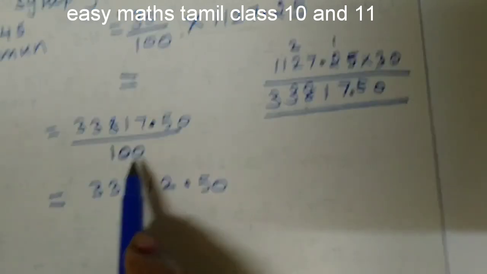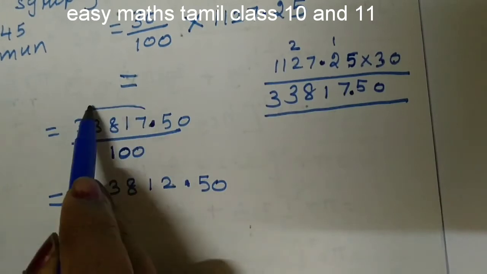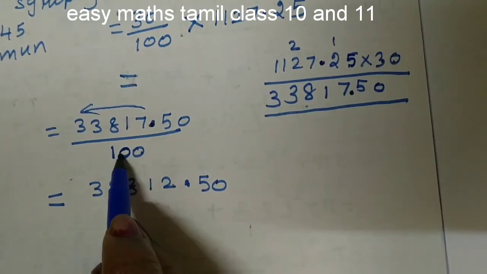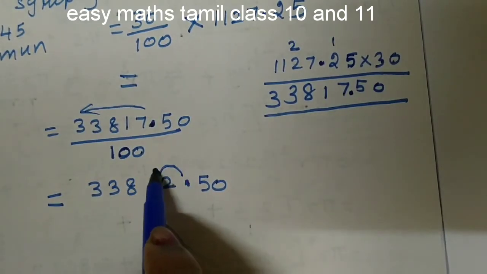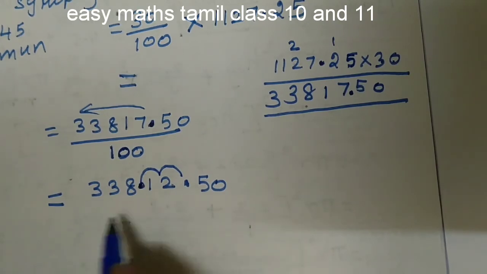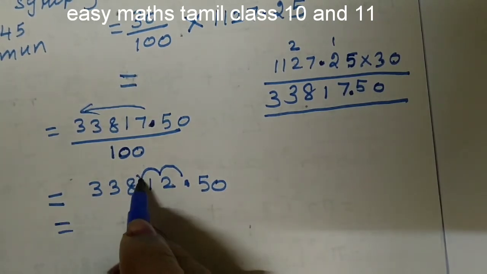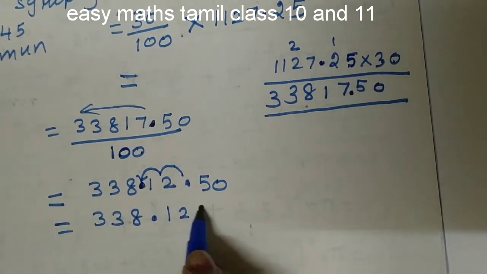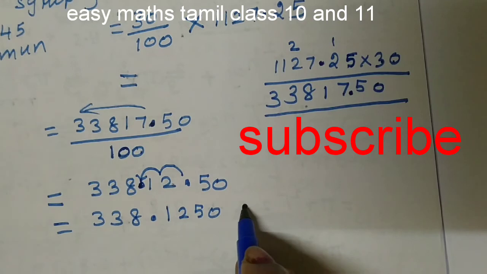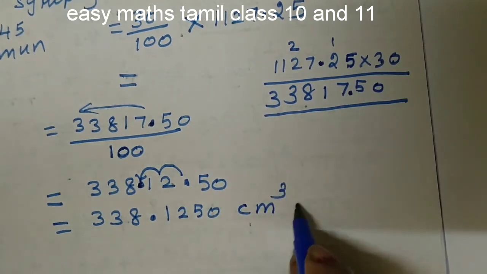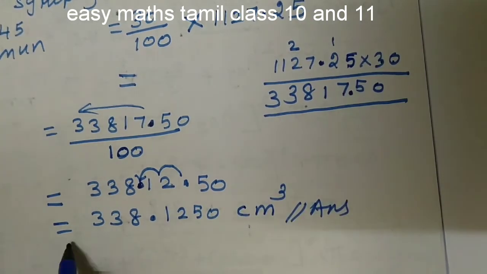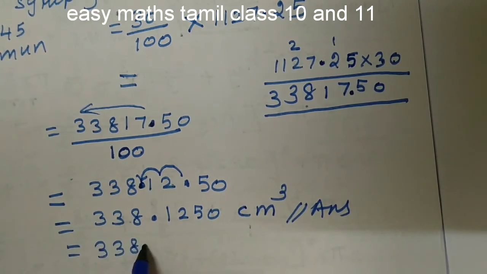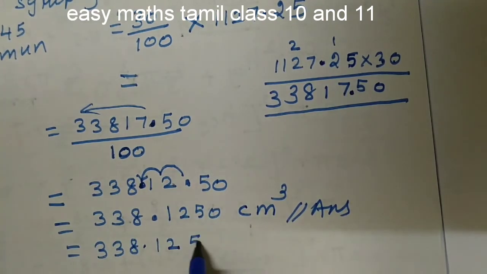Divided by 100 means we move the decimal point towards the left. There are 2 zeros, so 1, 2, we place the decimal point here. So 338.1250 centimeter cube is the answer. 338.1250 cc.